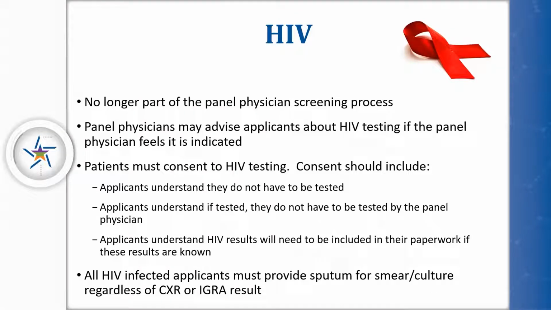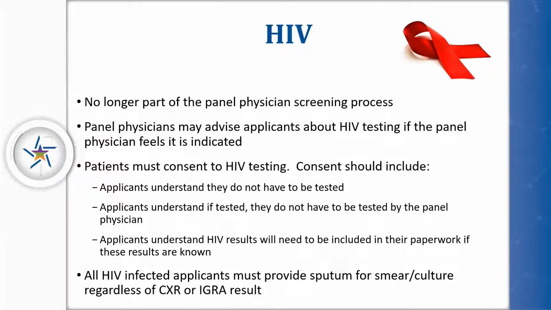So in cases where you have diagnosed active TB disease and you feel this may impact the length of treatment or how you treat the patient, we know that patients who have both HIV and TB do better if both diseases are treated, with decreased mortality overall. So if a panel physician feels that HIV testing is warranted, you can advise the applicant of this.